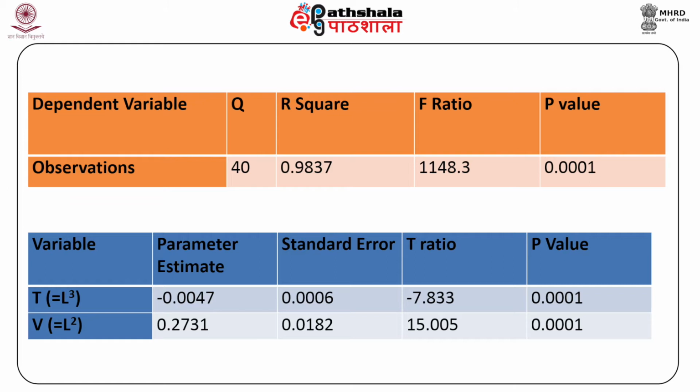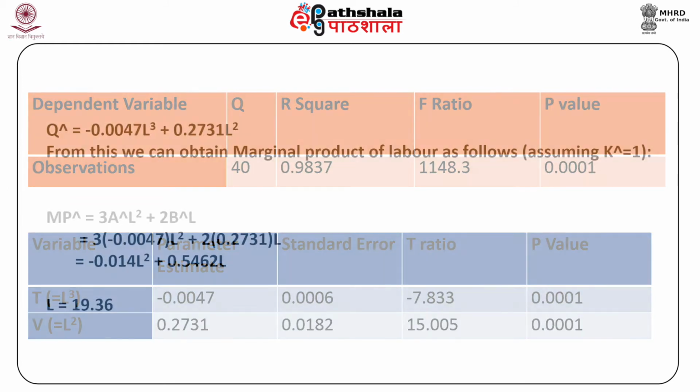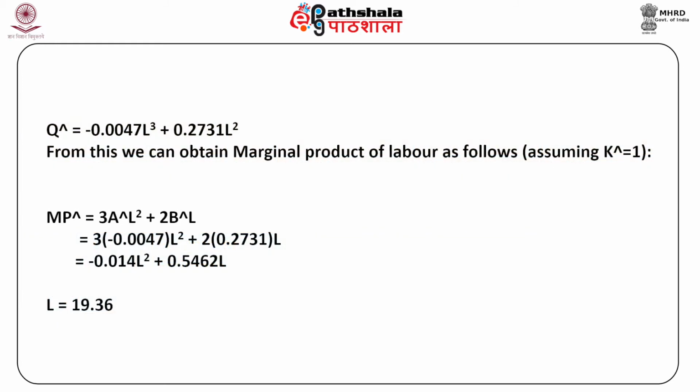So, the estimated cubic production function is Q hat = -0.0047·L³ + 0.2731·L². From this, we can obtain the marginal product of labor as follows, assuming K hat = 1.